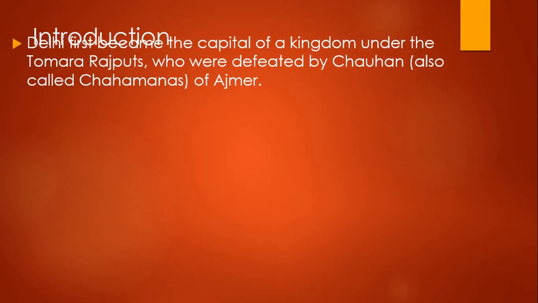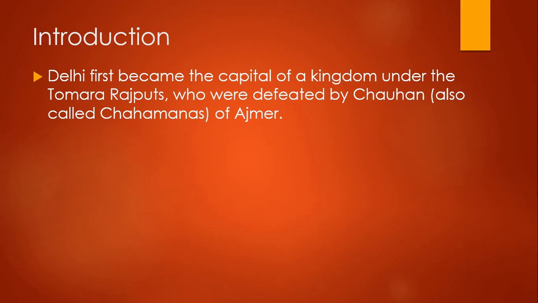Introduction to Delhi Sultanate. Before the establishment of foreign rule in India, Delhi was one of the important capitals under Tomar Rajputs, who were then defeated by the Chauhans of Ajmer.